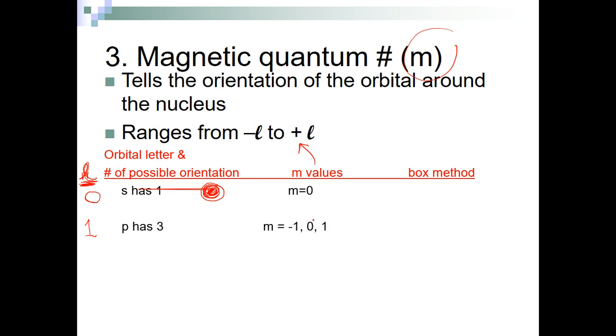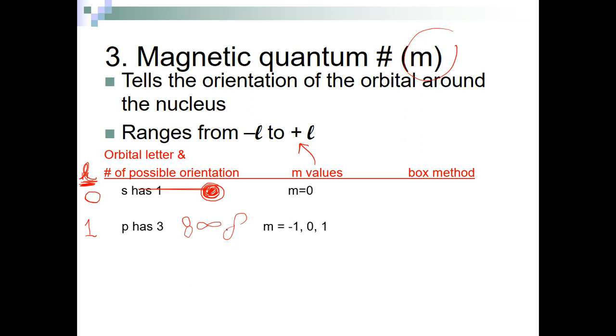Notice there's 3 numbers here. Those correspond to the 3 orientations that I just mentioned on the last slide. The P on the y-axis, the P on the x-axis, and the P on the z-axis.